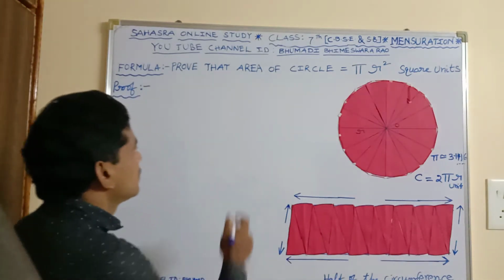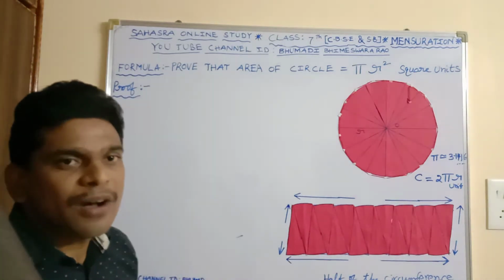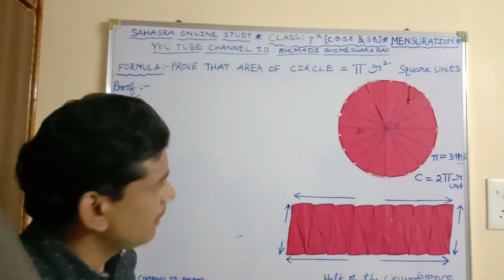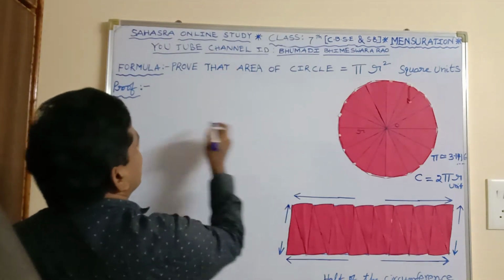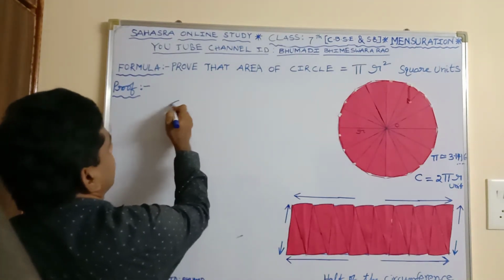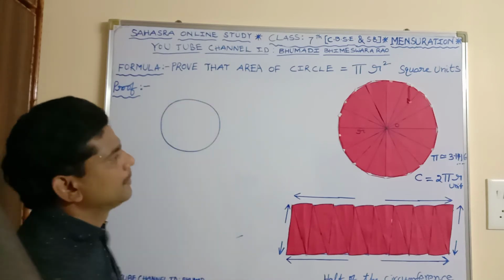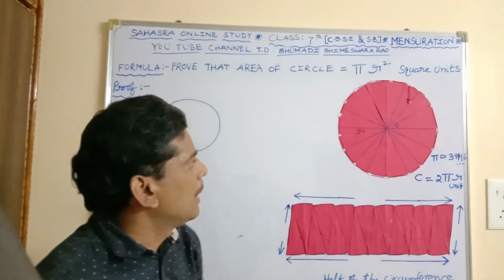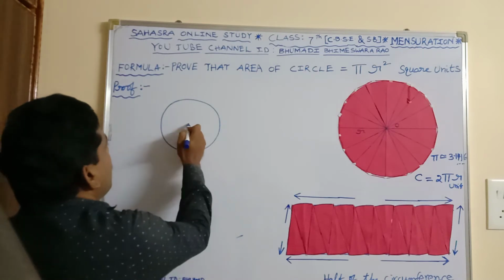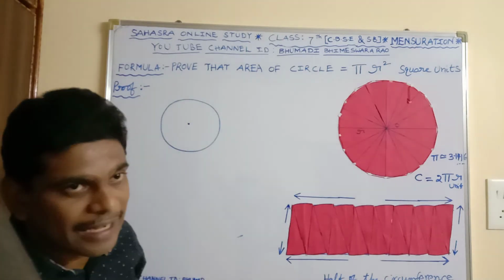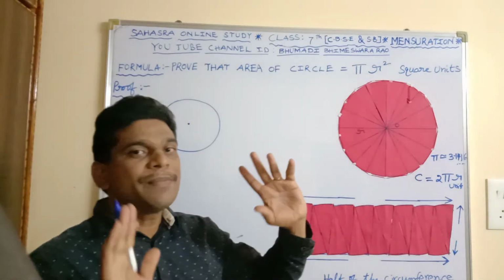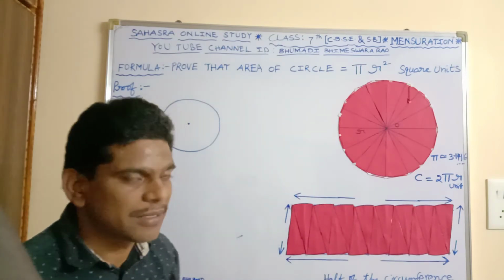To prove the area of a circle, I am taking one circle. This circle can be divided into some equal sectors.